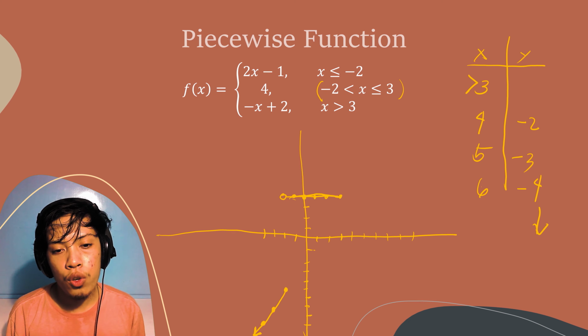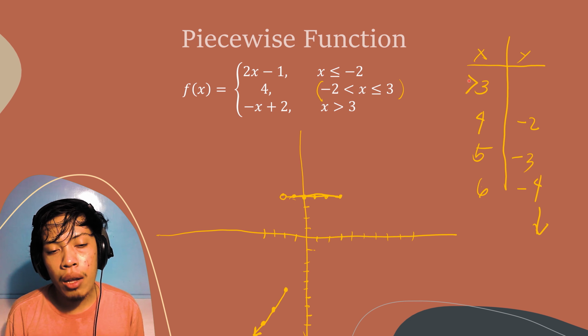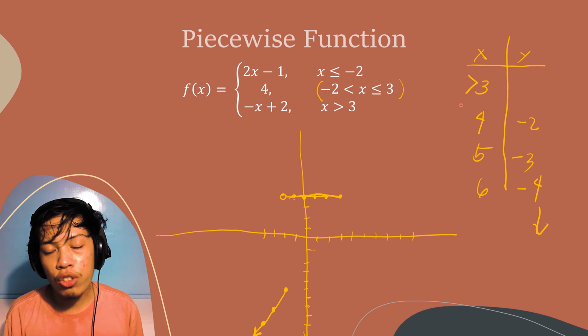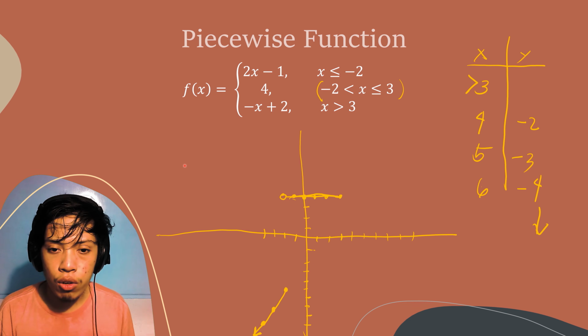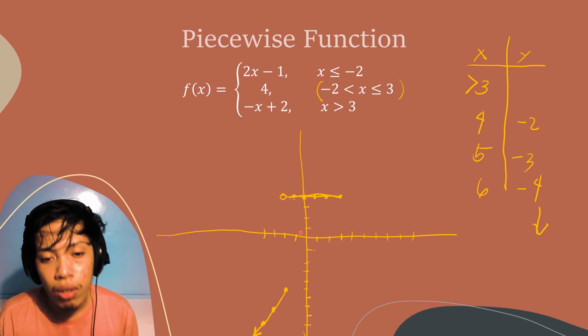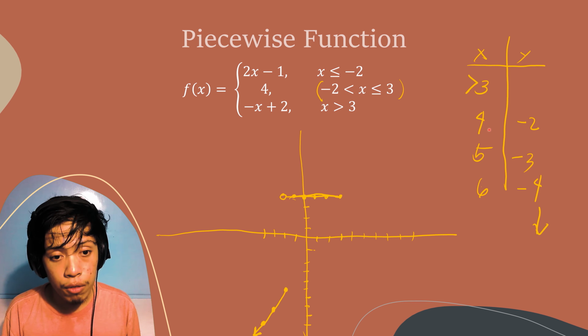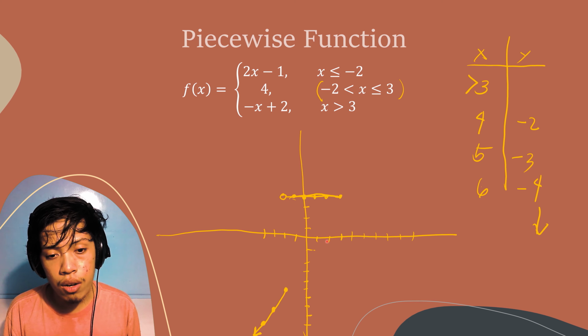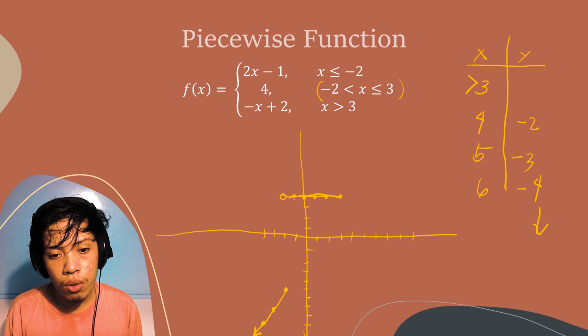Okay? So if you draw the graph, take note, 3 is the starting point for x on the third line, but 3 is already excluded. Okay, so let's start first at 4. So 4 is somewhere right here. So 4, negative 2, this point right here. And for 5, that is negative 3, right here and here.